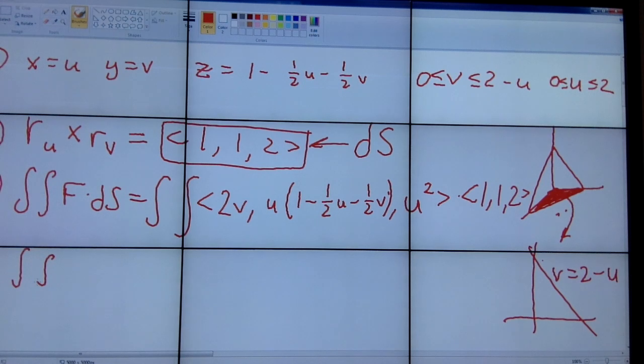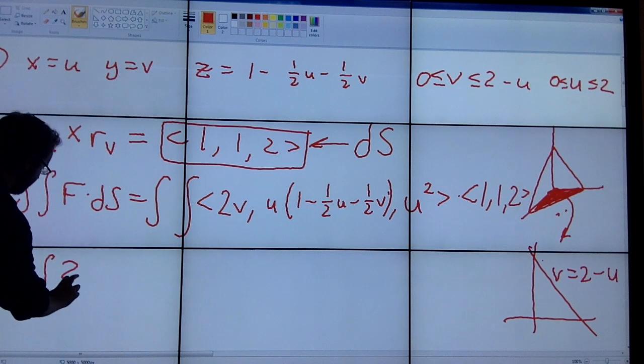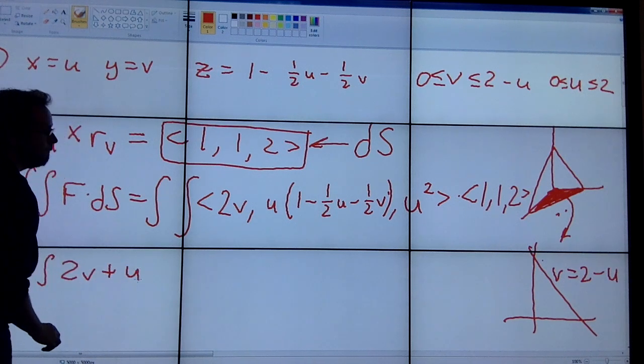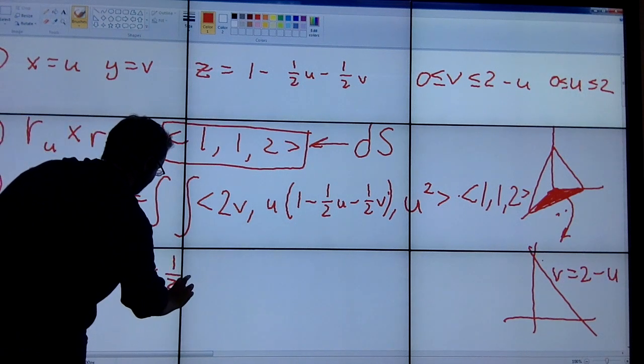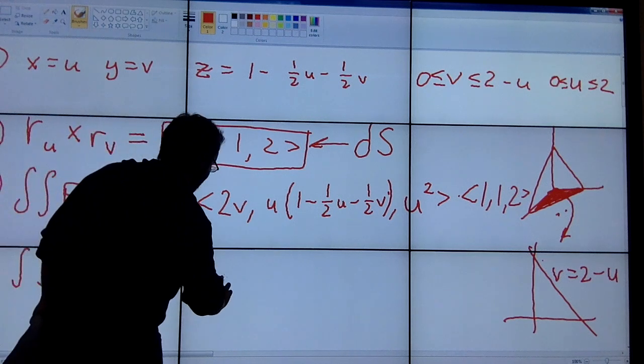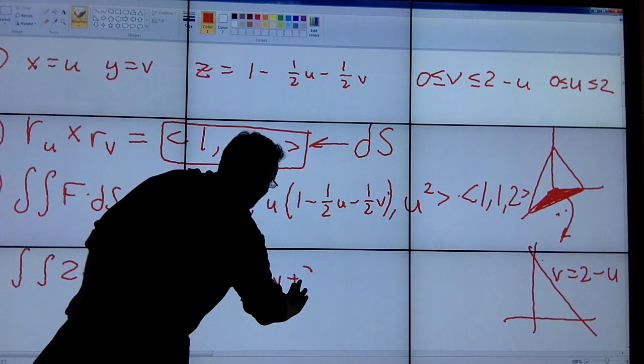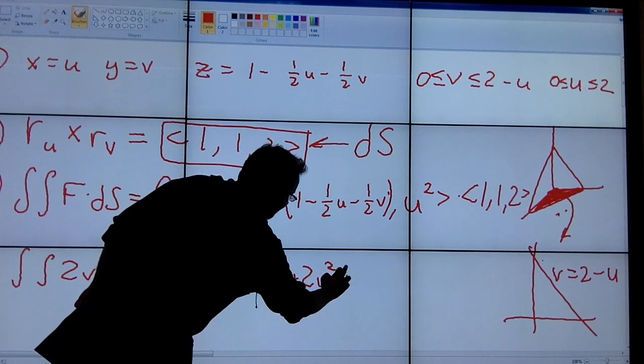But tell you what, on the exam, it's very likely going to be which integral represents the surface, so you're going to look for any answer choice that looks like this. 2v, plus u minus 1/2 u squared minus 1/2 uv plus 2u squared dv du.